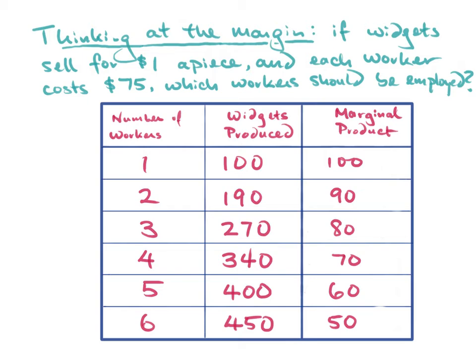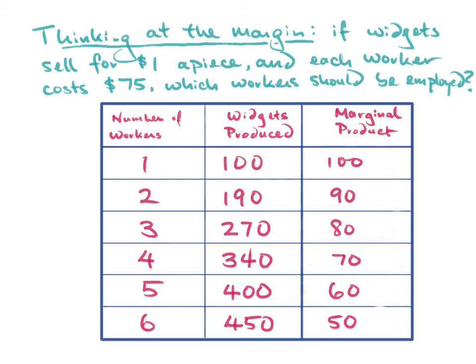Widgets sell for $1 a piece, so the firm gets $190 of revenue from them. Then the firm has to pay $75 for each worker employed. So if it employed 2 workers, it pays $150 in costs. That leaves the firm with $40 of profit: $190 of revenue minus $150 paid to workers is $40 of profit.